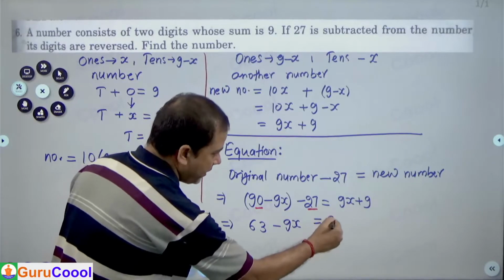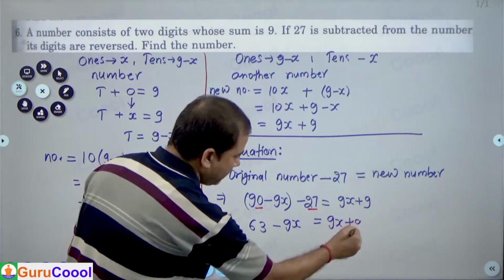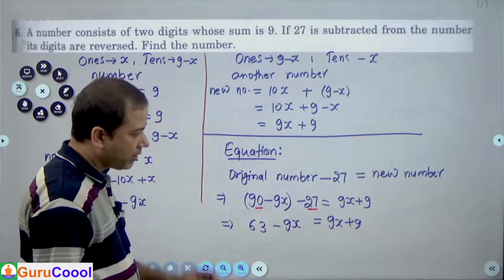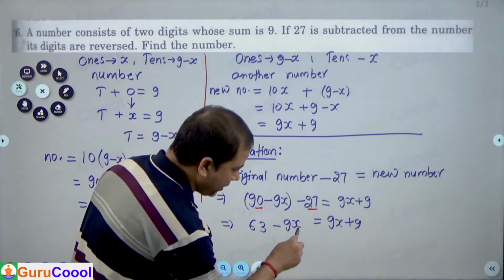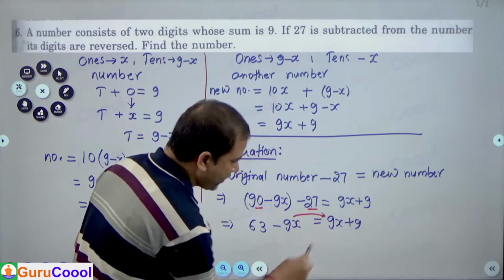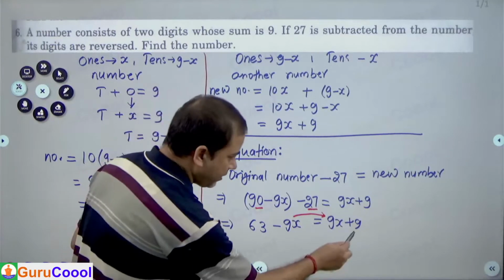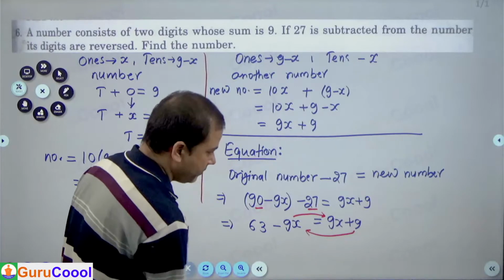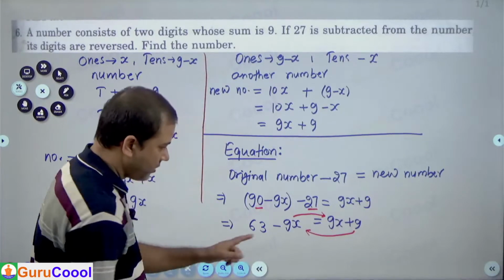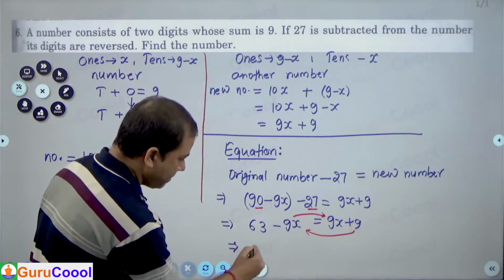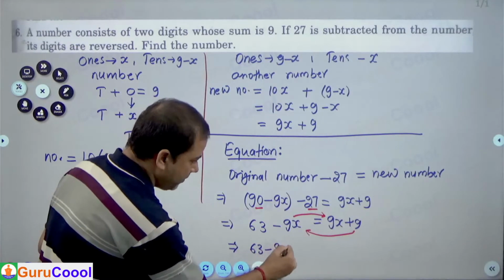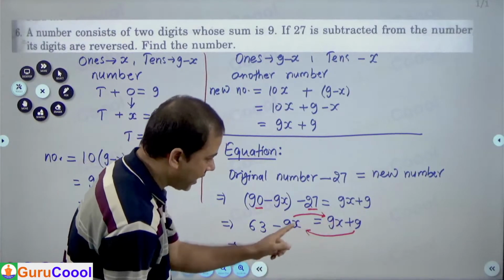On the other side, 9x plus 9. Now let us take x terms on the same side. So minus x term I will take to the right side, and I will take plus 9 to the left side. So 63 and 9 will come with minus sign. 63 minus 9 is equal to 9x plus 9x.